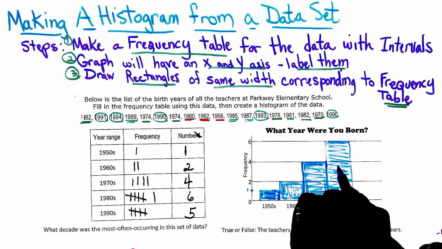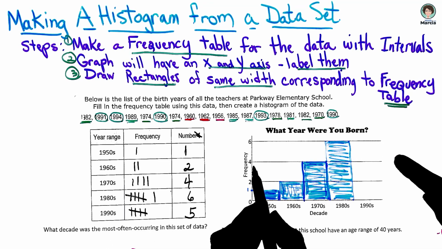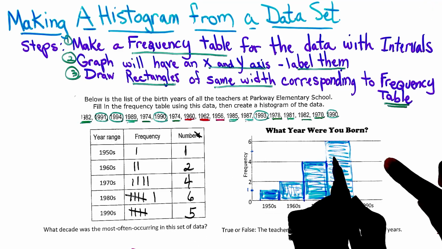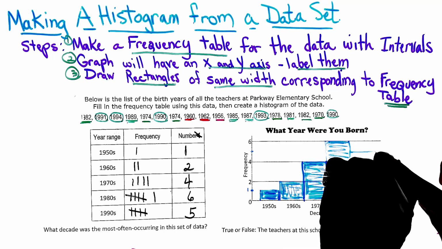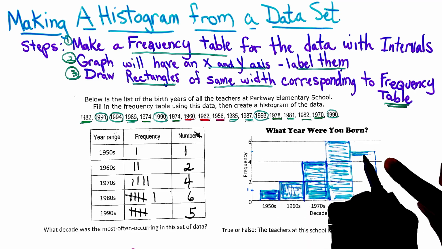And there are our 80s. Looking at the last one, the 90s, we have 5. So we know that 5 would be right here. So I'm going to go across and draw my little line there. And I'm going to bring it down, and I'm filling it in.